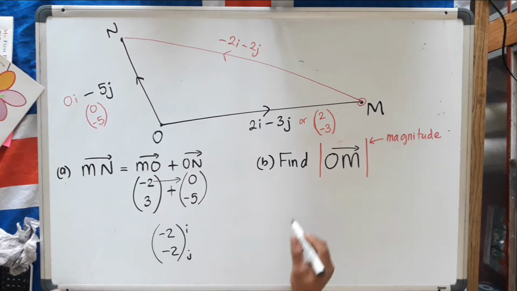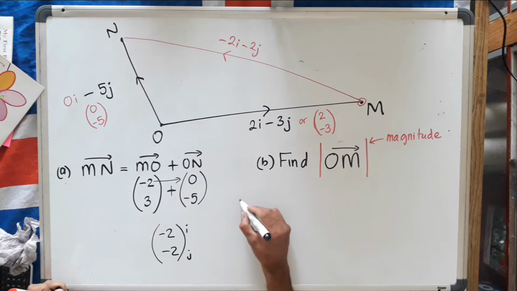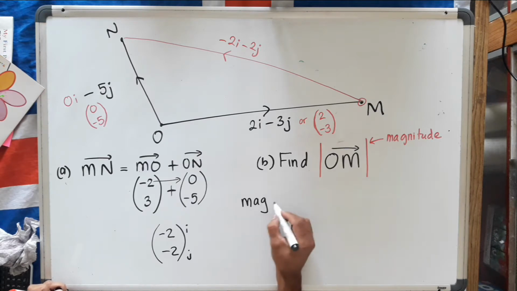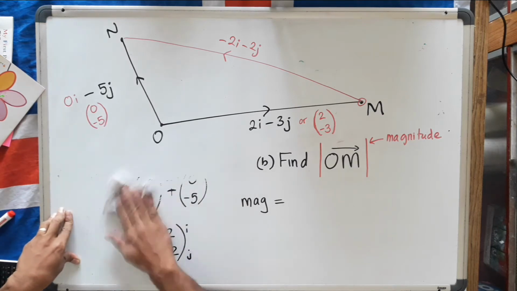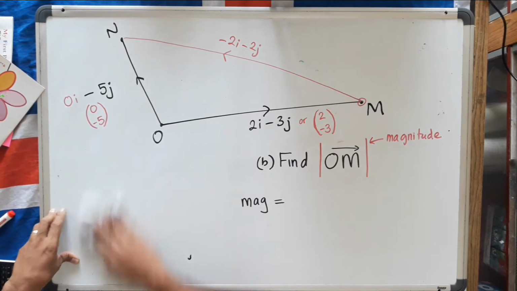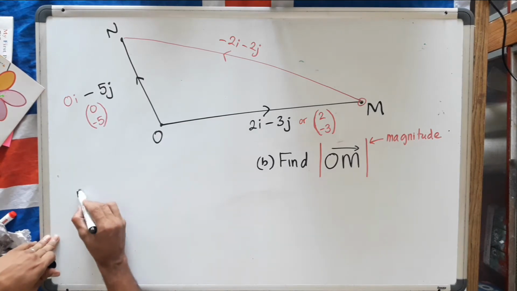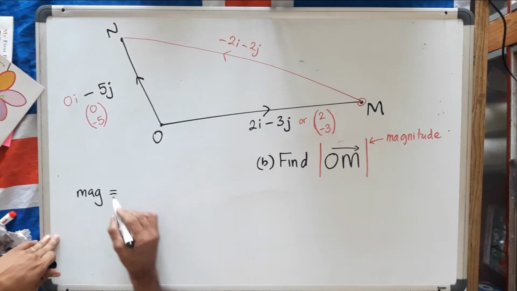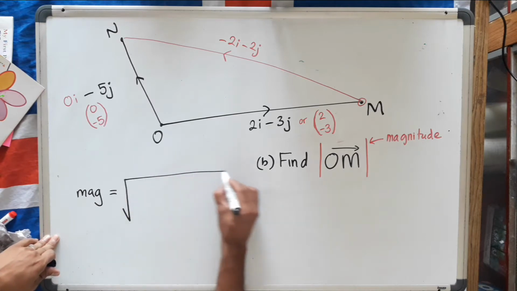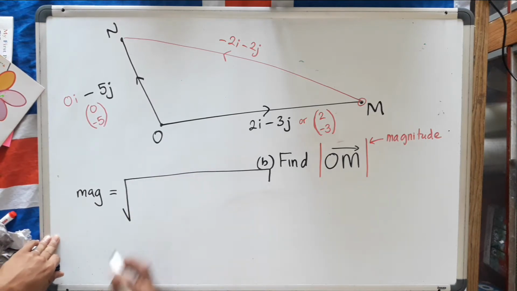So how do you find the magnitude of a vector? I'm going to write a little formula here. MAG is just magnitude. Well, unfortunately, there's a big square root sign.